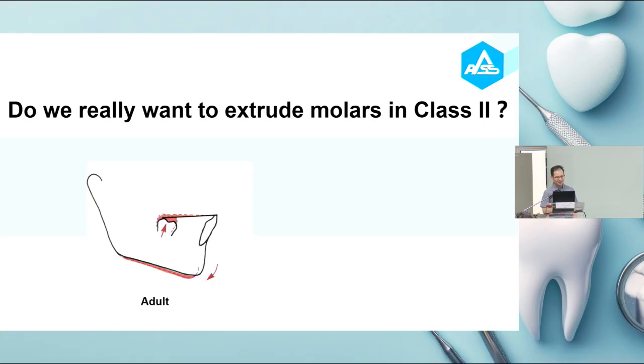However, in growing patients, the extrusion of the molar is accompanied by the growth of the condyle, and the mandible doesn't rotate clockwise, and the mandibular plane won't become larger. So in this patient, we can extrude the posterior teeth.